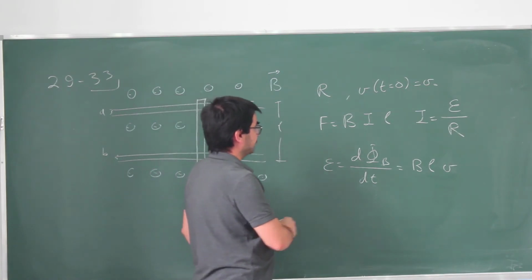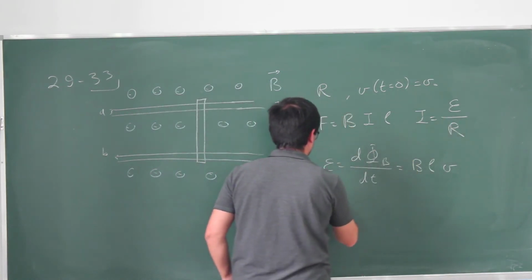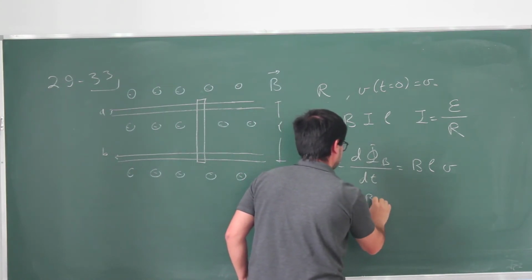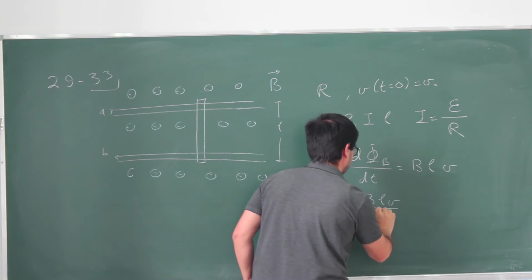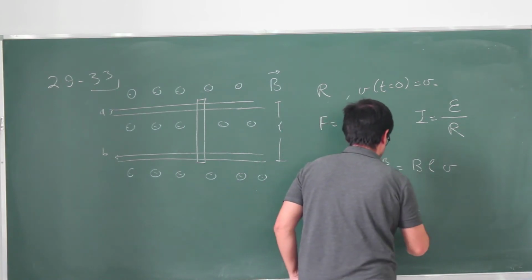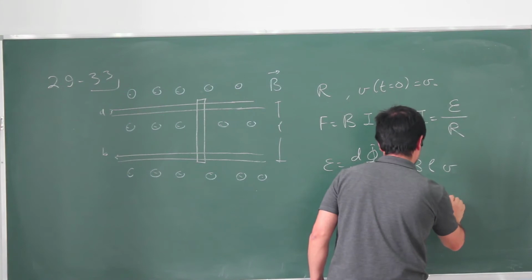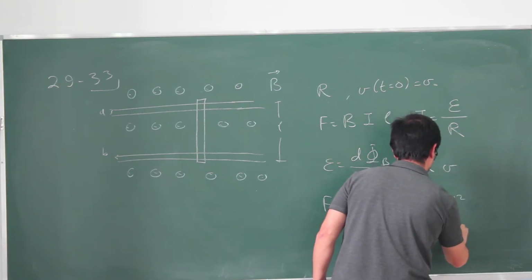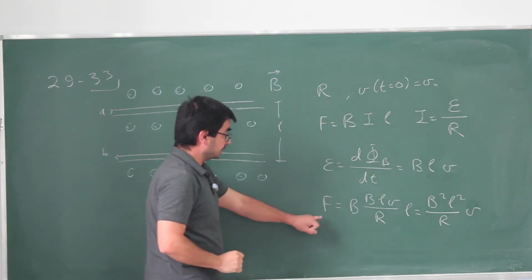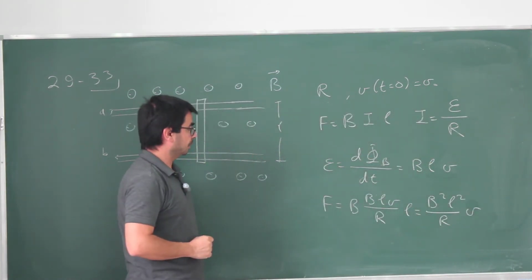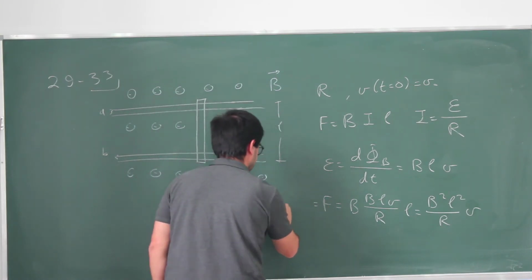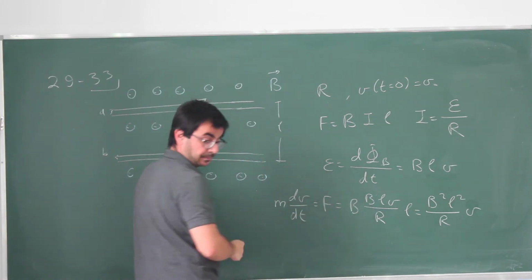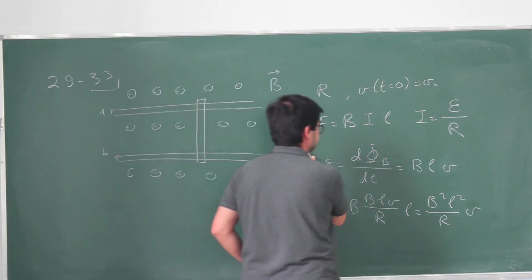Now, if you plug this in and then divide this out, our force is going to be B L V divided by R times L. So this is B squared L squared V divided by R. Now this F is the mass times acceleration, so I can write this as mass times dV by dt, and now I can put all of this together.